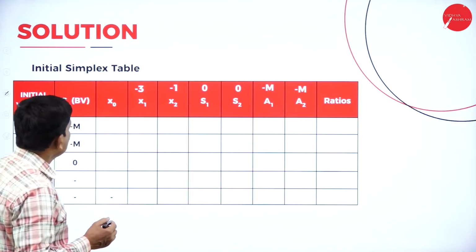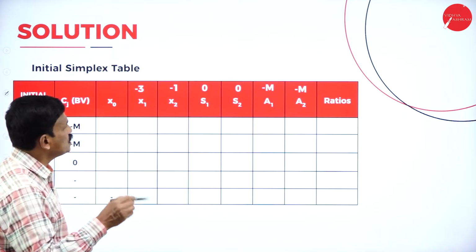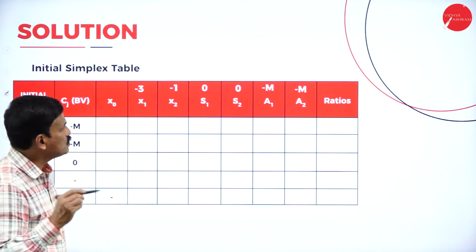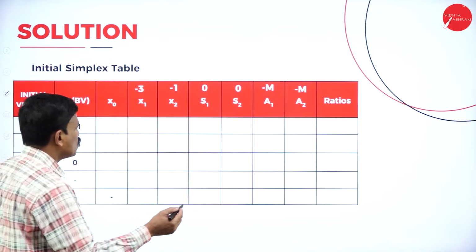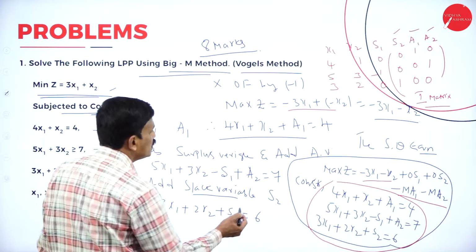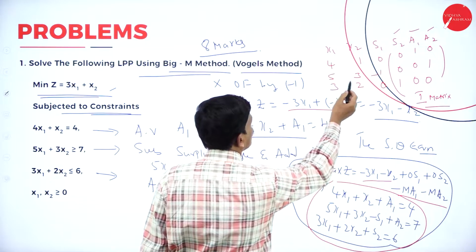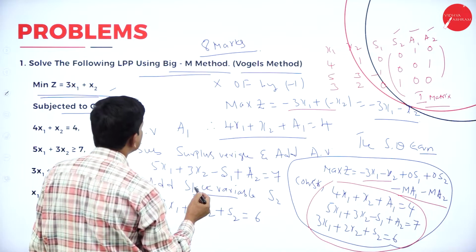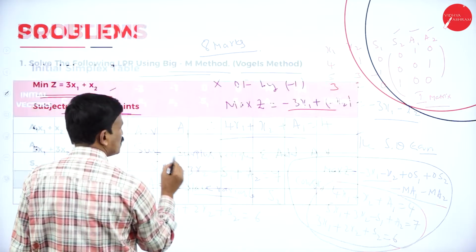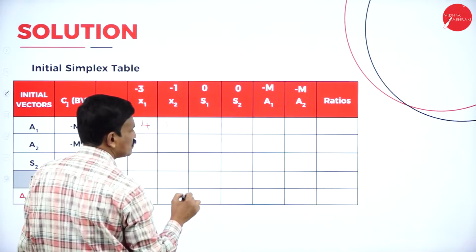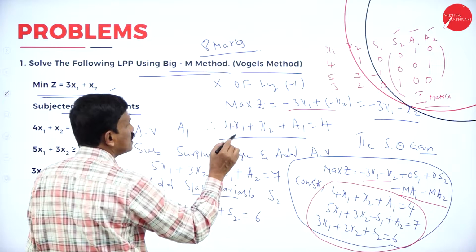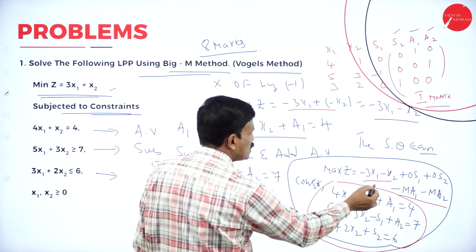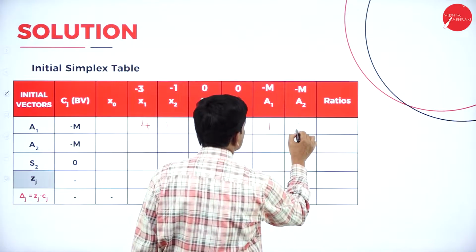Now write down the values of x1, x2, s1, s2, a1, a2, the coefficients from the constraints. For the first equation: 4, 1, s1 is 0, s2 is also 0, the coefficient of a1 is 1 and a2 is 0.